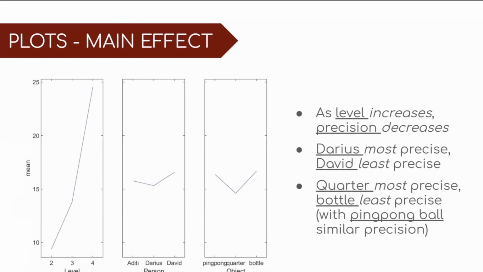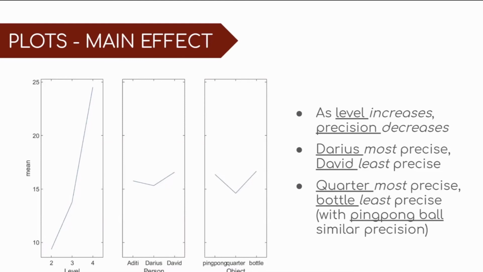Here we have the main effect plot for the precision. And similar to accuracy, you can see as level increases, precision also decreases. What was interesting here was Darius was the most precise and David was the least precise.